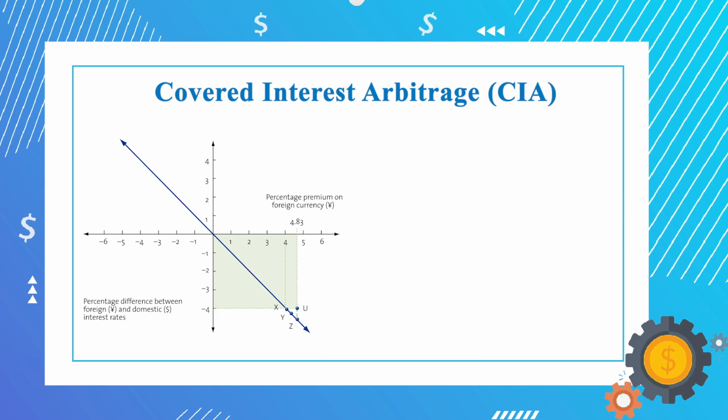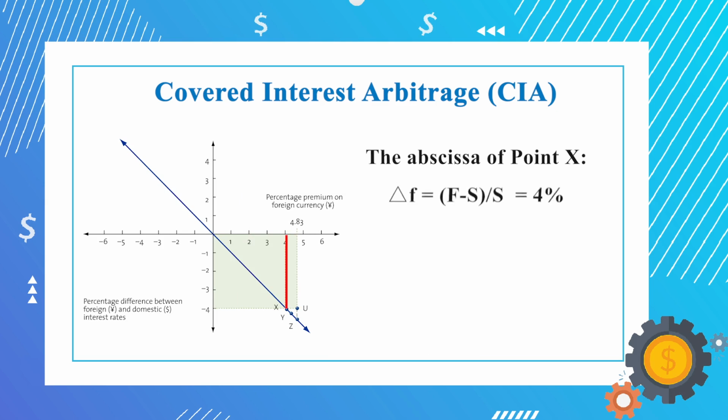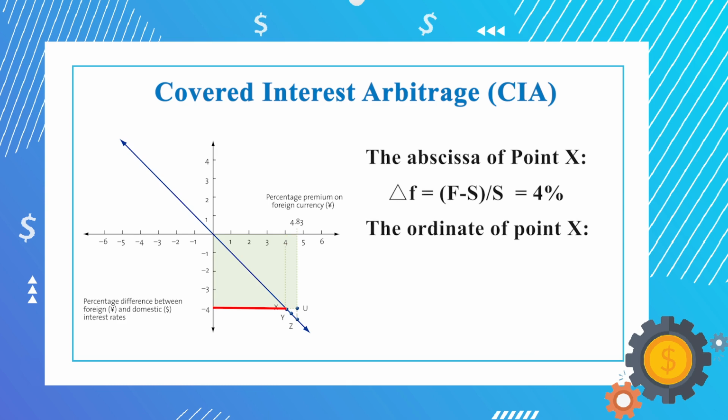From the picture we can see, from the abscissa for point X, we have delta F equals F minus S over S equals 4%. From the ordinate for point X, we have delta I equals IF minus I equals negative 4%.